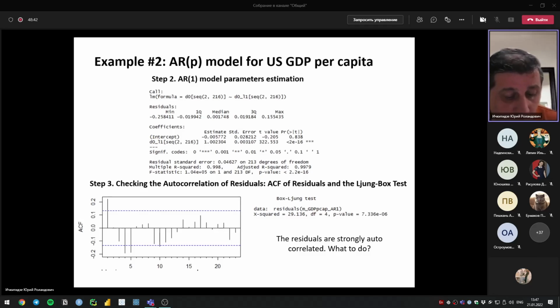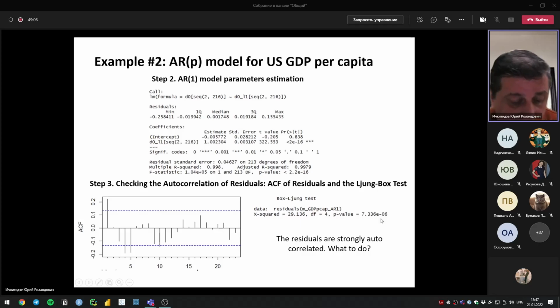Now we check the autocorrelation of the residuals and see a significant first lag autocorrelation, a significant fifth lag autocorrelation, fourth lag, and the Ljung-Box test indicates that the residuals are strongly autocorrelated.